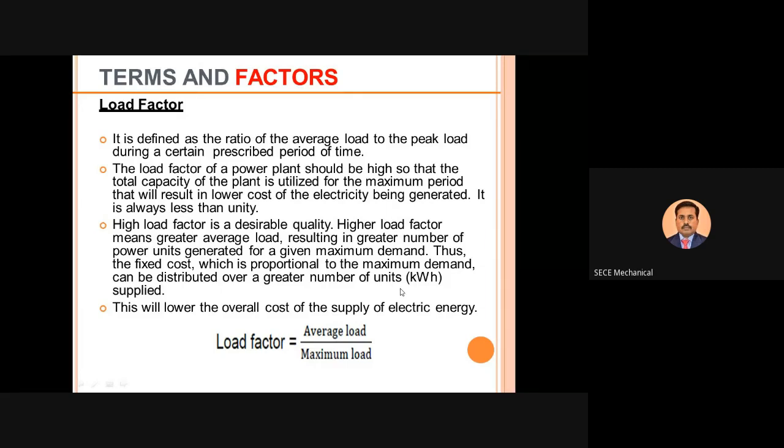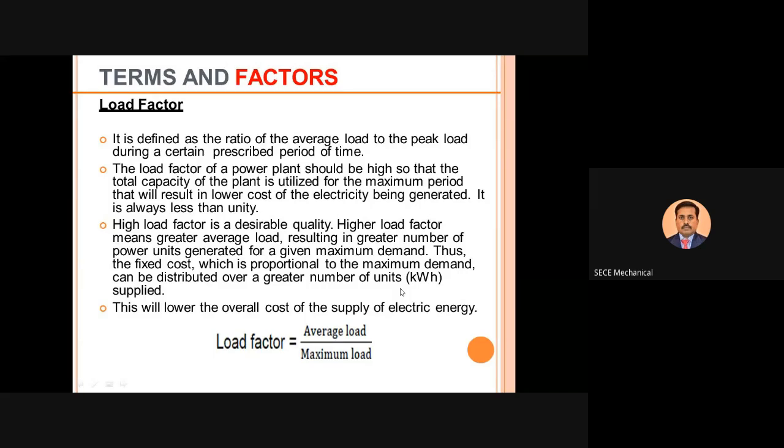Thus, the fixed cost which is proportional to the maximum demand can be distributed over a great number of units. So ultimately, if the load factor value is greater than unity, it indicates that the power generation units should be increased.